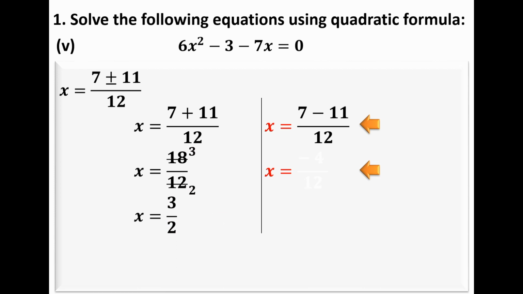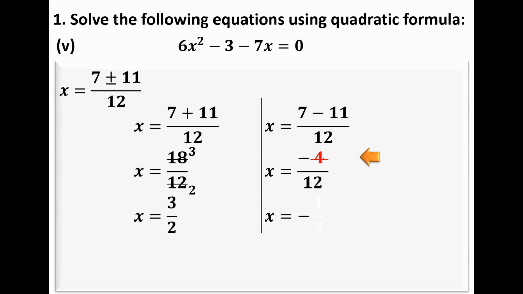Similarly, x is equal to 7 minus 11 becomes minus 4. Divided by 12 is written without any change. X equal to minus is written.